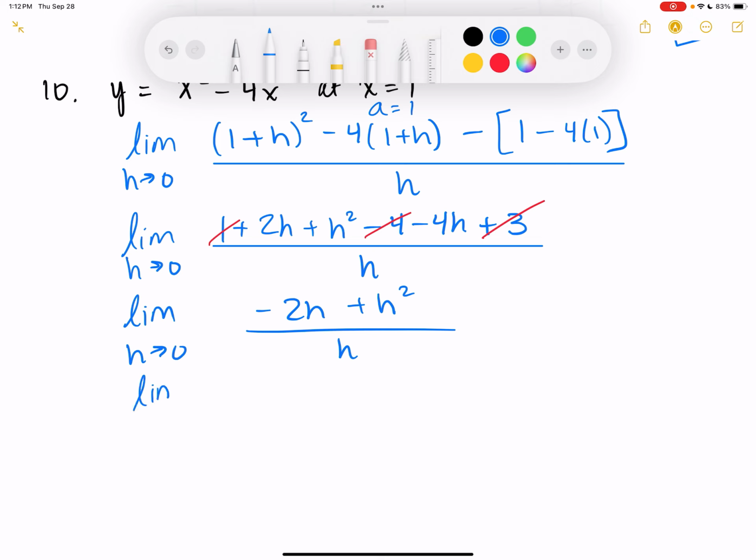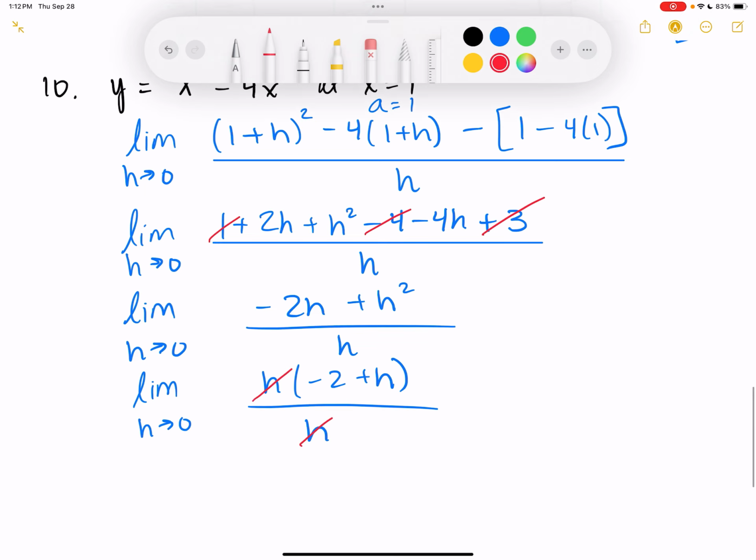So then the limit as h approaches 0, I can take an h out of the top, so h times negative 2 plus h all over h. So my h's cancel top and bottom. And so now rather than writing another step, I can just plug in 0 for h, because now I only have an h on the top, so ultimately my answer ends up being negative 2.